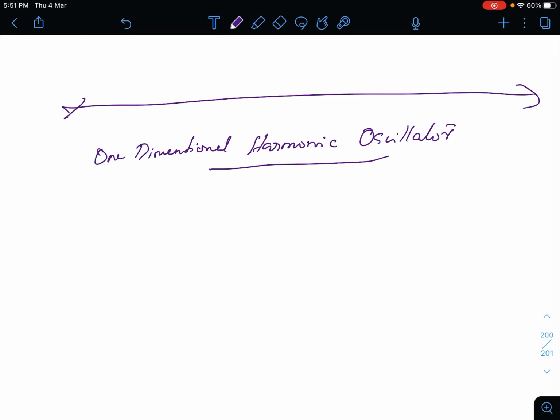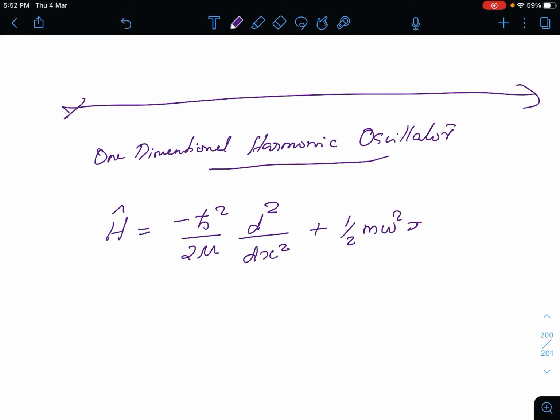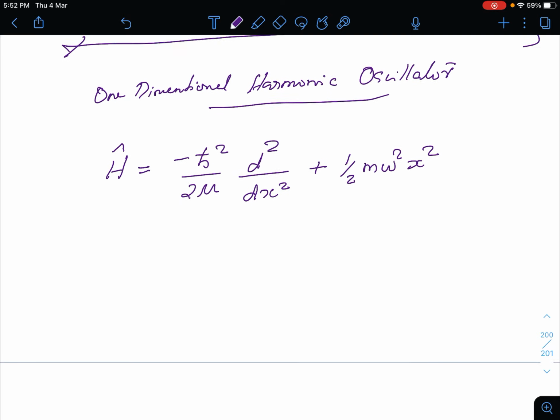H can be written as minus h cross square by 2 mu, the reduced mass, or 2m is also good, d square by dx square, plus, so the Hamiltonian operator, what I am writing is an operator, plus half m omega square x square. This is the Hamiltonian corresponding to the one-dimensional harmonic oscillator.